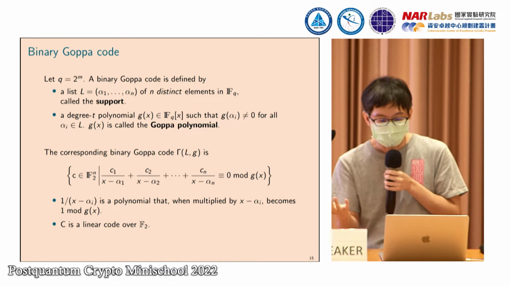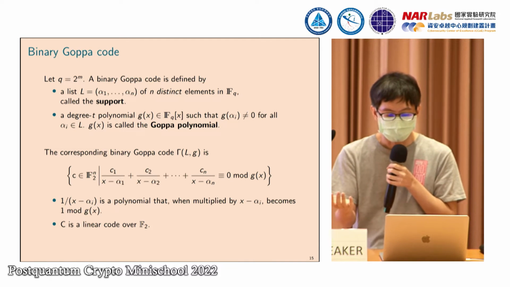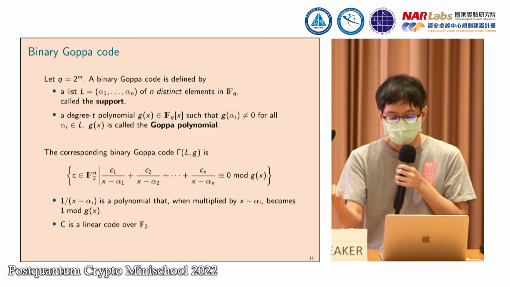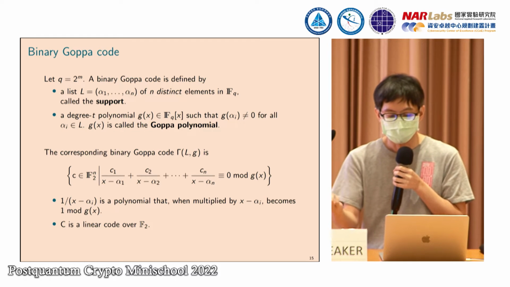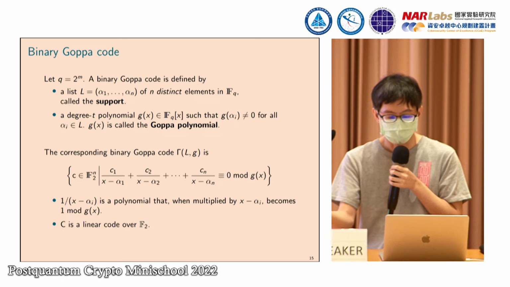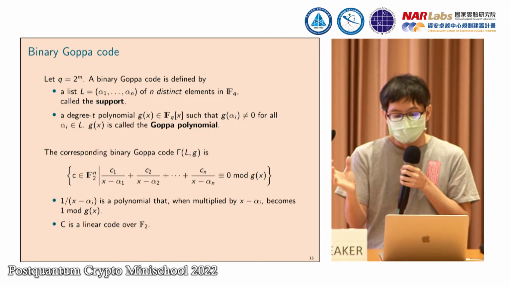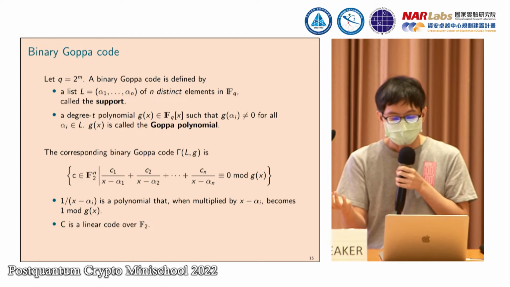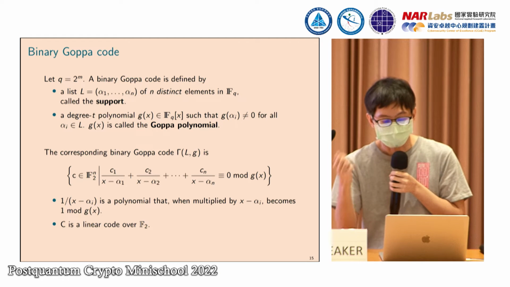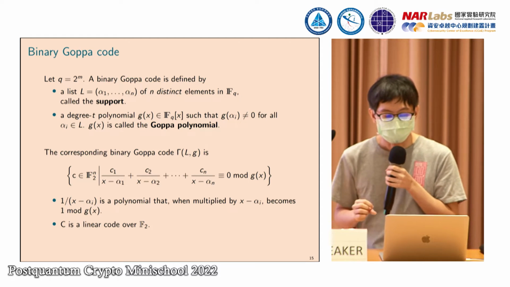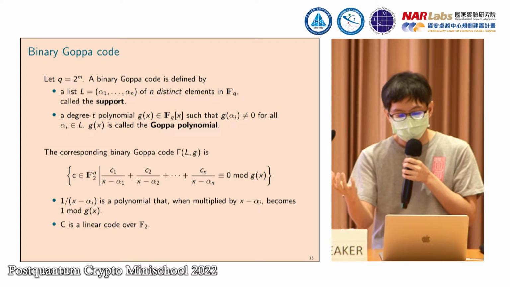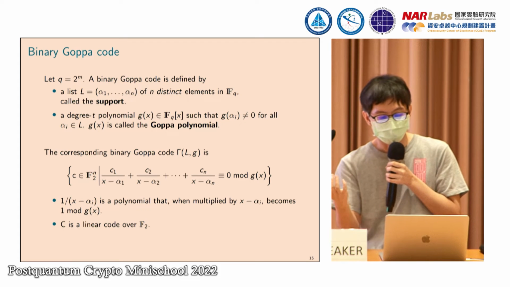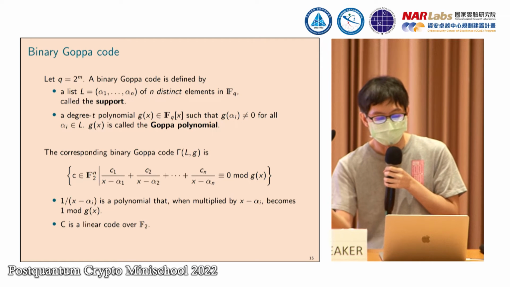The constraint is that c1 over x minus alpha 1 plus c2 over x minus alpha 2 and so on is going to be 0 modulo your Goppa polynomial. If the length n vector satisfies this constraint, then we say this vector is one of our codewords.